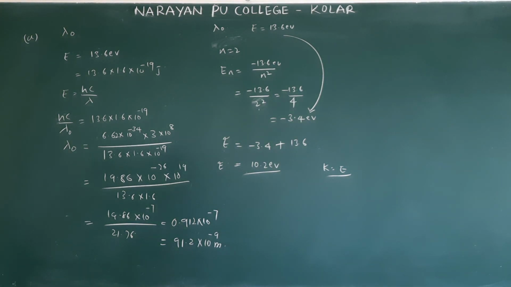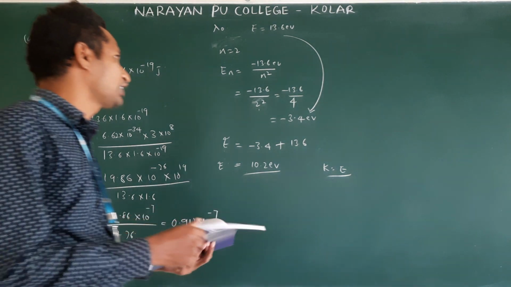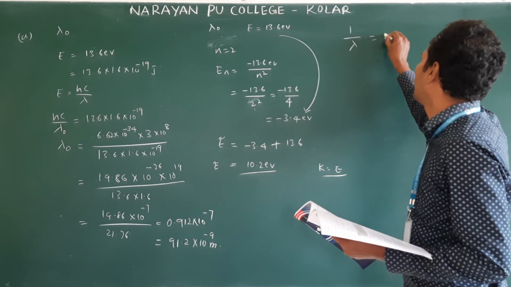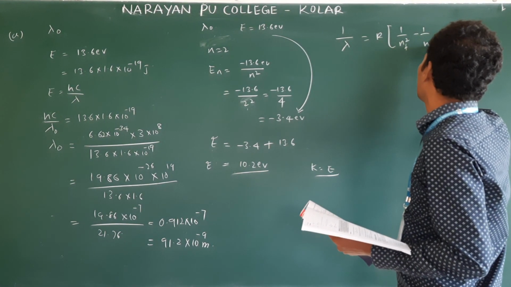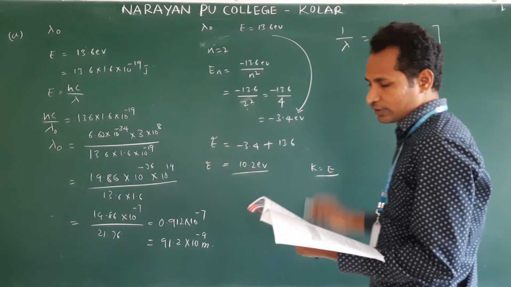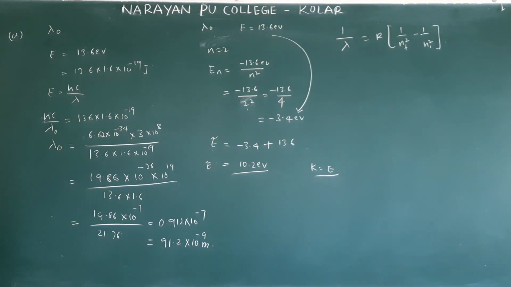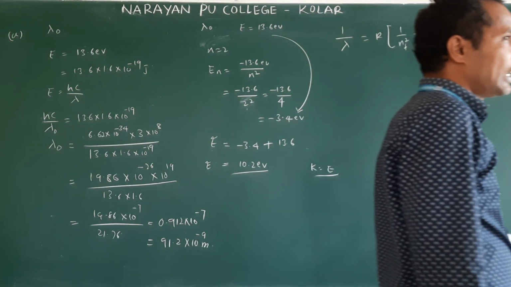Clear? Next, hydrogen spectra. Using this formula, 1 by lambda is equal to R into 1 by NF square minus 1 by Ni square, we calculated all wavelengths. When the electron jumps from higher energy states to the ground state, that spectral series we call Lyman.